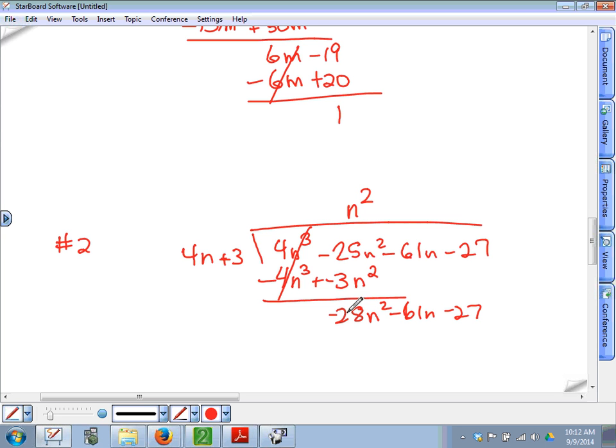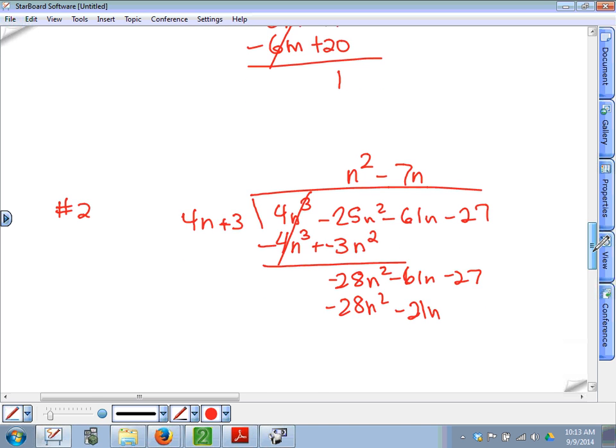So how many times does 4 go into negative 28, first of all? So we need a negative 7 up there. And then n into n squared, we need another n, don't we? So now if we multiply negative 7n with positive 4n, we get negative 28n squared minus 21n.